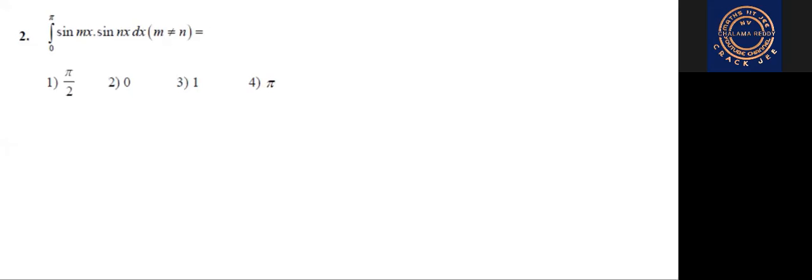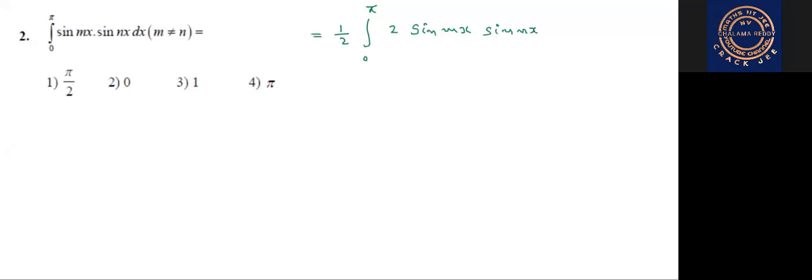Integration from 0 to pi of sin mx into sin nx dx. How to do this? By using transformation formulas. For 2 sin A sin B, the formula is there, but the 2 is missing. Divide by 2, multiply by 2: integration from 0 to pi of 2 sin mx sin nx.